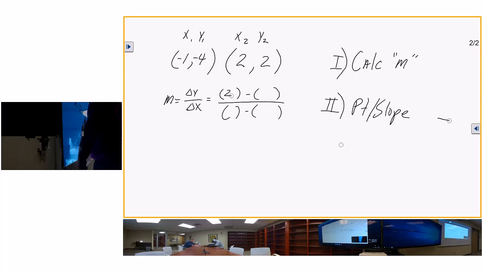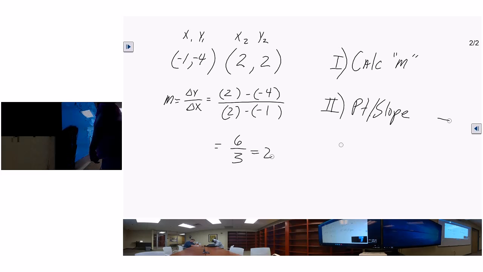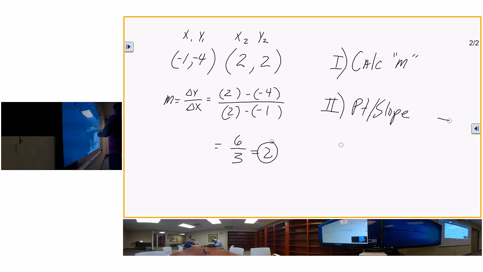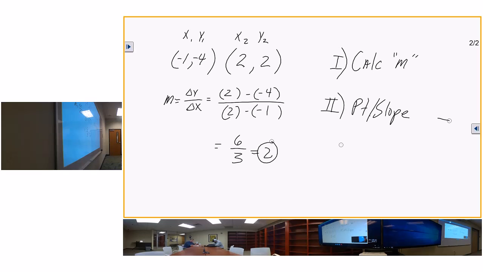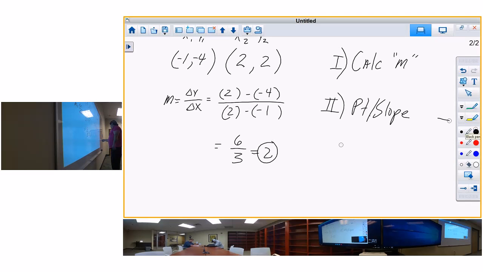Y sub 2 is 2, minus -4. 2, minus negative 1. 2 plus 4 is 6. 2 plus 1 is 3. And that's equal to 2. And I guarantee you somebody in here did not get 2 because you didn't use the parentheses. Now you don't have to raise your hand, but somebody didn't get 2. So maybe you understand that you've got to use parentheses.